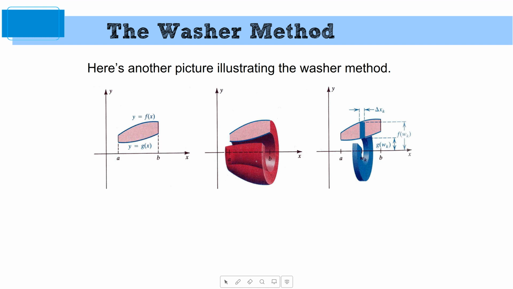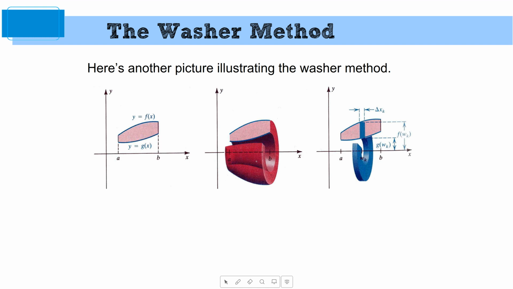Another example, two functions, one on top, one on the bottom, get that funky red or pink area on the left, and then you spin it, you get that solid, and in essence what we're going to do is find the volume of that washer. Okay. So how do we do that? Well, we need to find two things. We need to find capital R, and we need to find lowercase r.